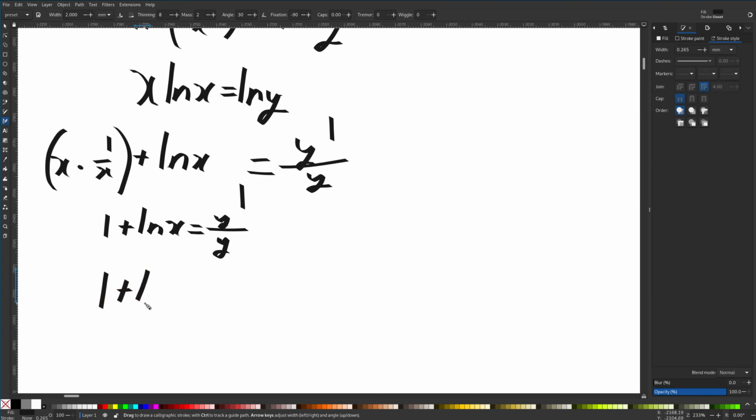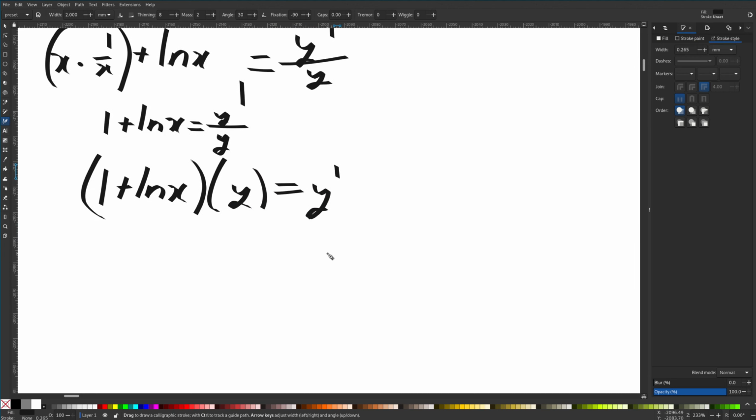We're going to have 1 plus ln x times y equal to y prime. And remember that y is equal to x to the power of x, so we can just substitute here. And that's our derivative.